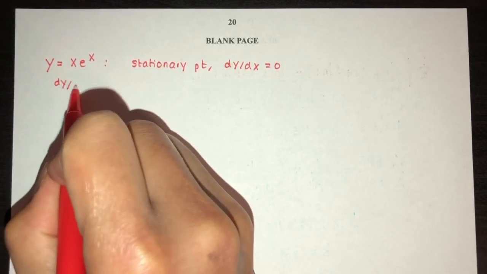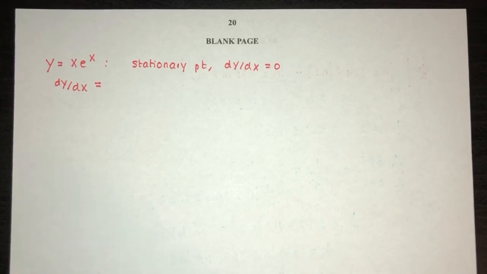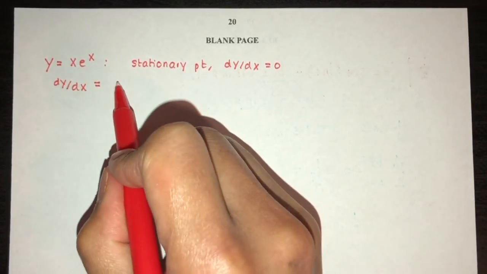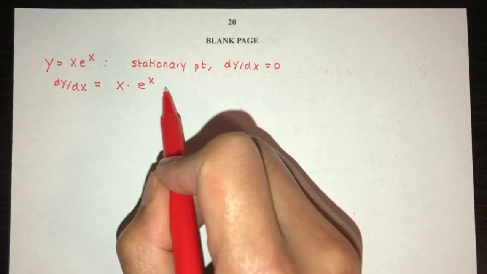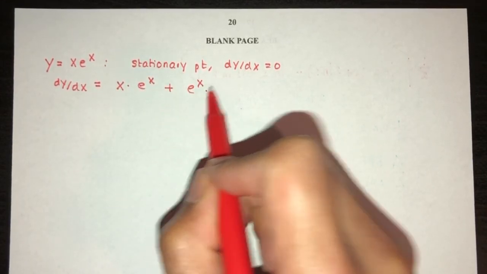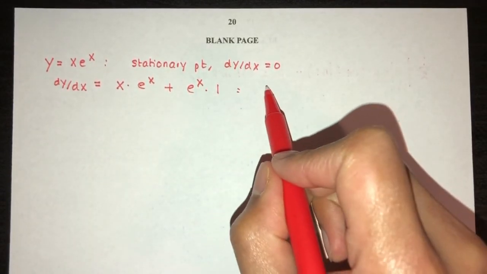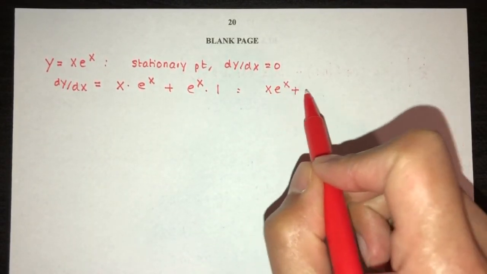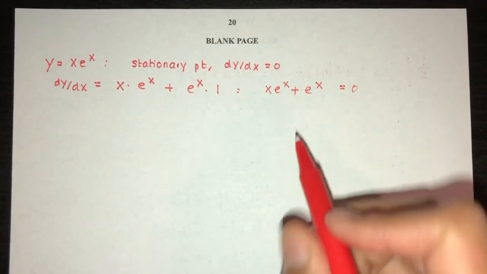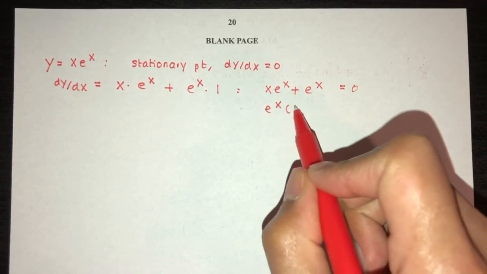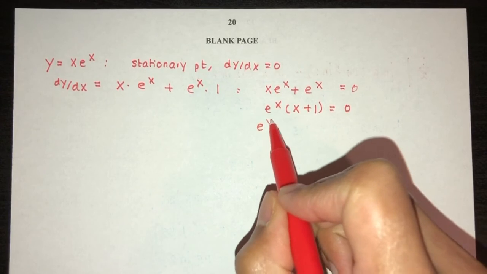So dy by dx will be, this one is a product, so you have to use the product rule. First you write down the first one as it is, then multiply by d by dx of the second one, which is the same thing, plus the second one as it is, multiplied by d by dx of the first one, which is 1. So you will have x exponential x plus exponential x. Now we have to equate that to 0. So first thing, factorize: x plus 1 times exponential x equal to 0.